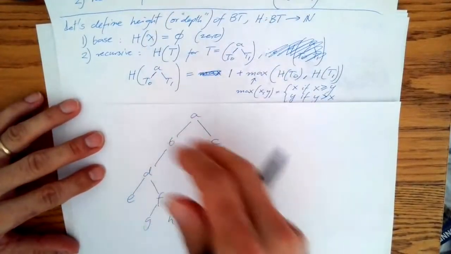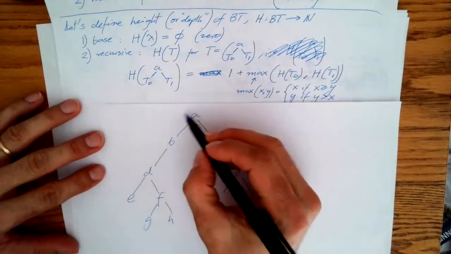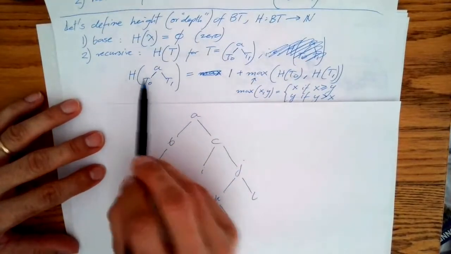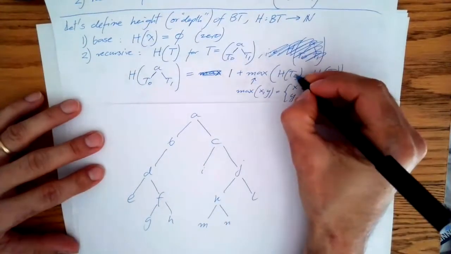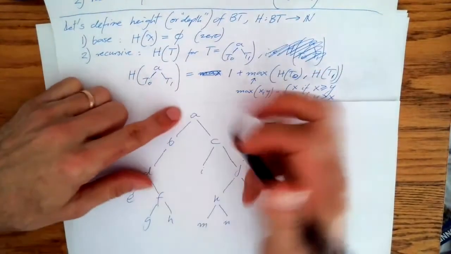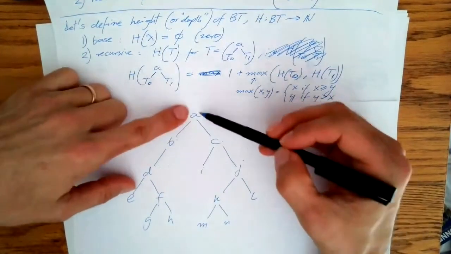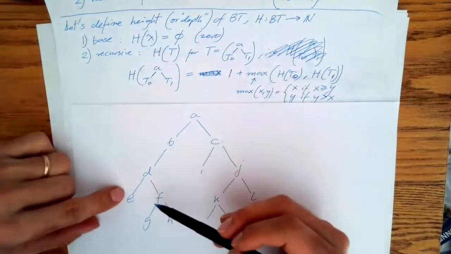Well, you have to use it sort of bottom up, because the height of this tree is defined as a function of the height of its subtrees. So the code that computes the height of this tree would have to first compute the height of this one and the height of this one and take a maximum. And then you recurse, right?